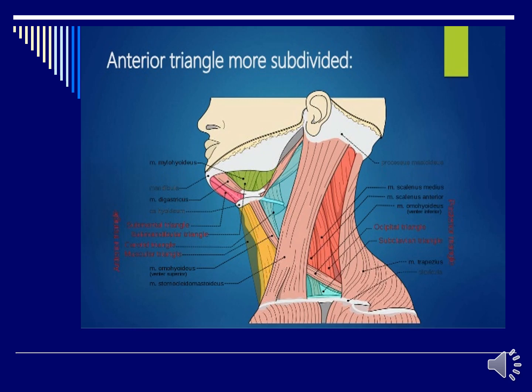And the muscular triangle contains, as well as the muscles, important organs, which are the larynx and trachea. The posterior triangle is also subdivided by the passage of the posterior part of the omohyoid into the occipital and subclavian triangles.